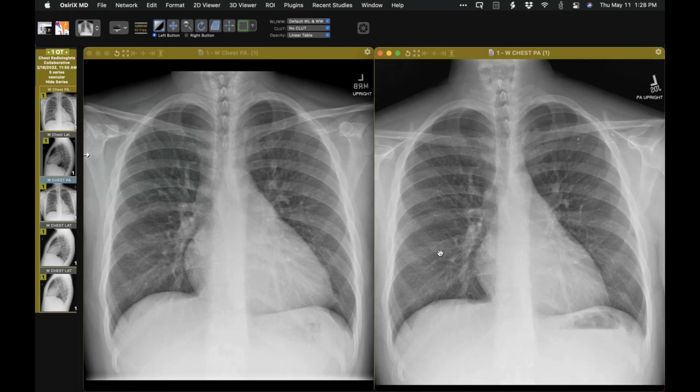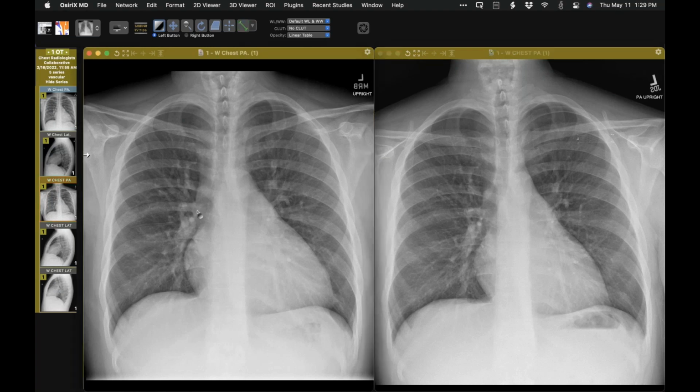This is a really nice teaching case for the findings consistent with hypervolemia. So what is different about this image compared to this one? First off, the vascular pedicle is wider, so the SVC is more distended here, as is the azygos vein.